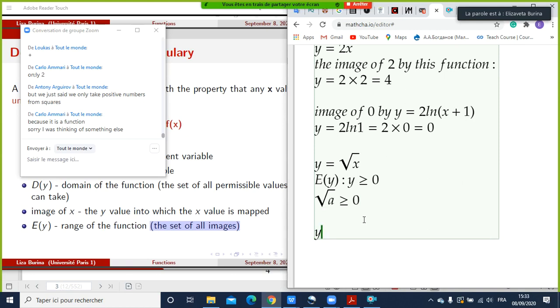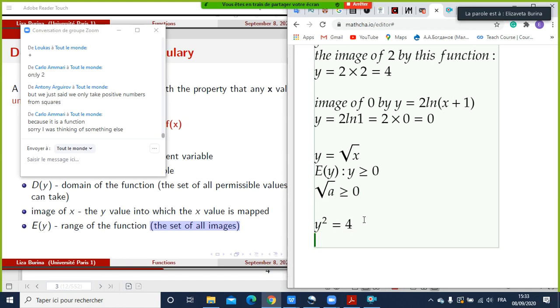For example, we have y squared equals 4. Then yes, if we are solving this equation, we are saying that y equals 2 or y equals minus 2. I understand that. But just a square root as a mathematical element, it has to be non-negative.